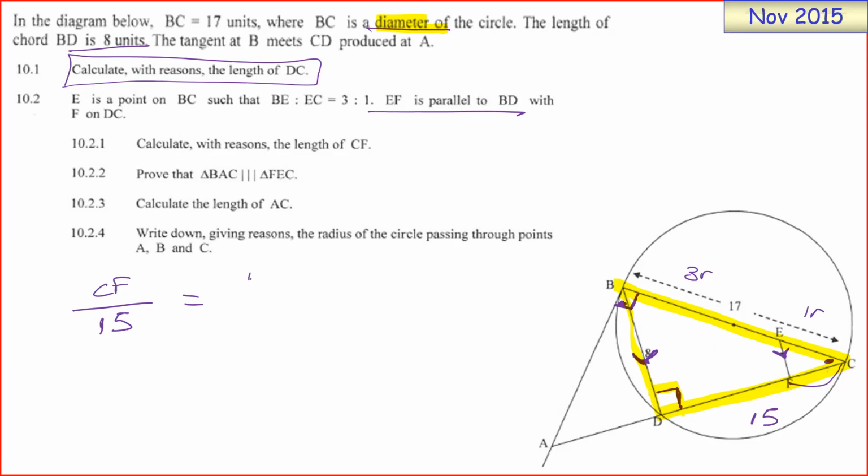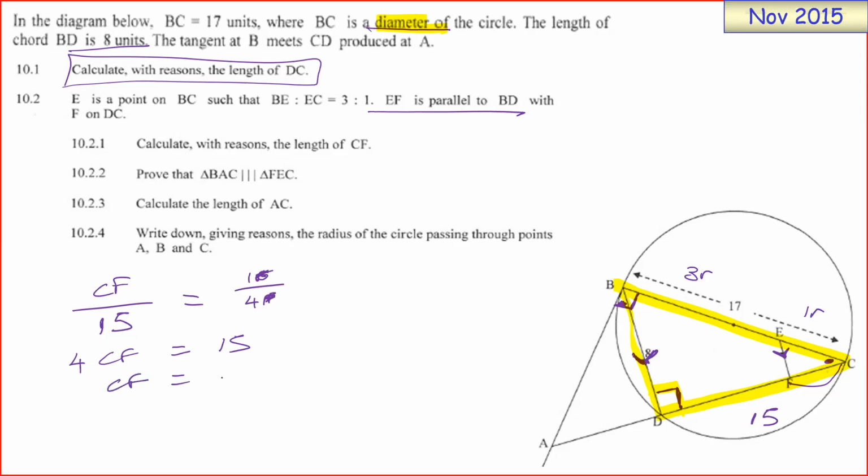Wouldn't it be 1R over 4R? Total is 4R, so we can cancel off the R's, which is a 1:4. Am I right? Oh, yes, sir. Because we're taking the entire side now. And then you can cross multiply and you can say 4CF is equal to 15. So therefore CF is equal to 15 over 4.